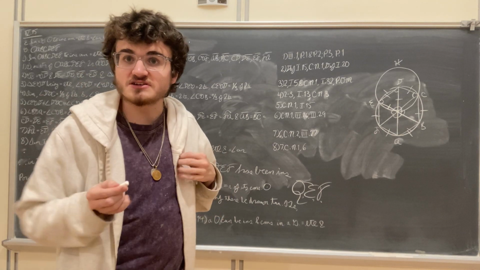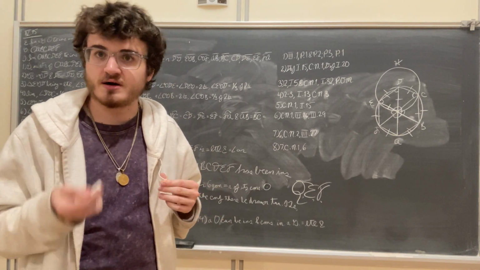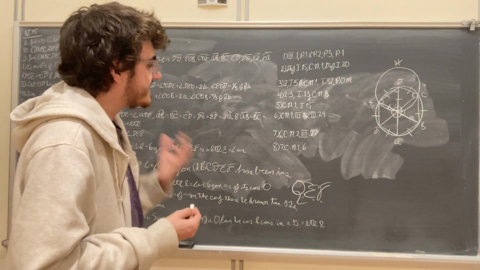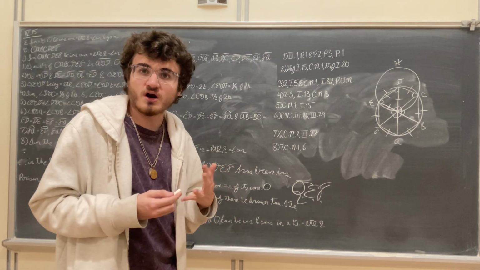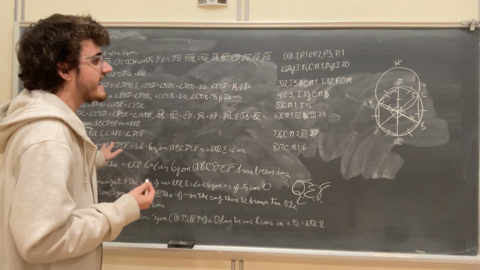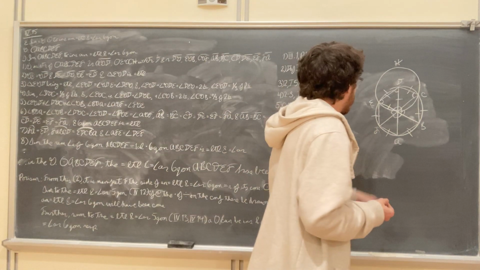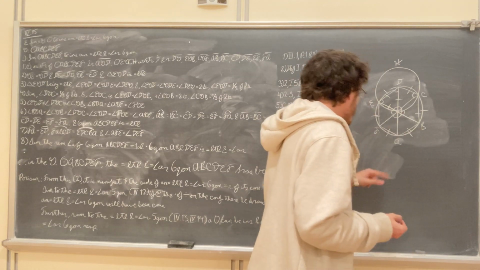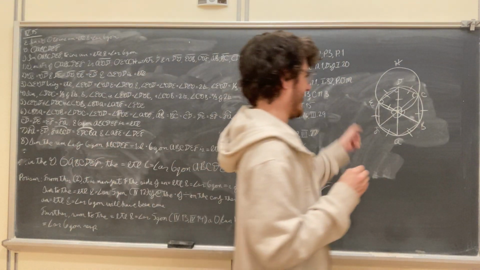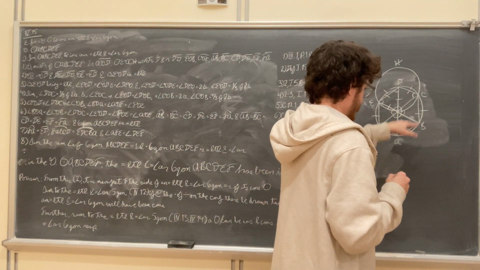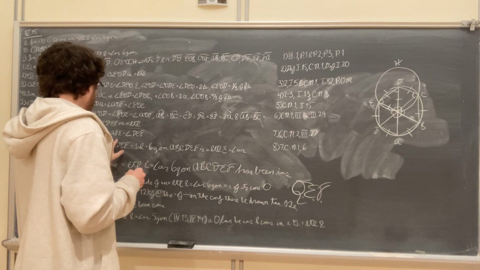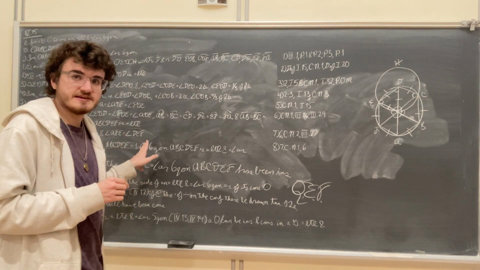And we know by proposition 327 that upon equal arcs stand equal angles, which means that the angles which stand upon these equal arcs are equal to each other. And so we can say that the angle AFE, right here, which stands on the arc EDCBA, is equal to the angle DEF, which stands on the arc FABCD. So again, the angle AFE is equal to the angle DEF.